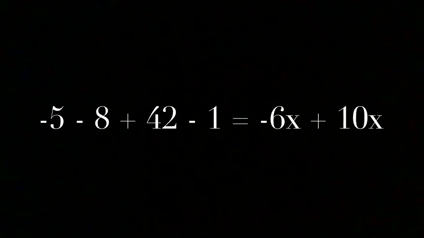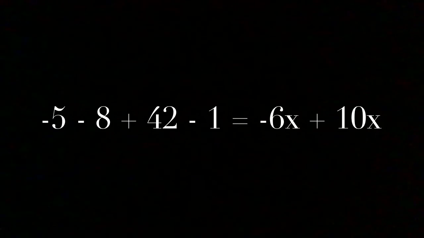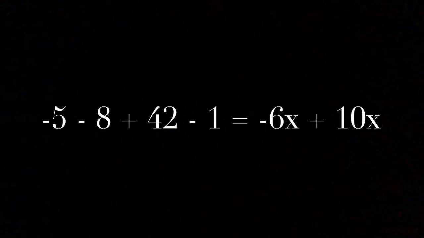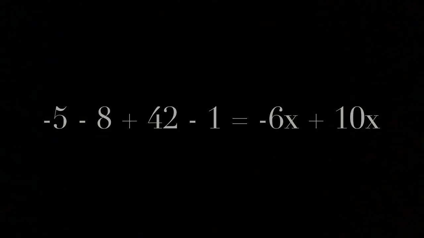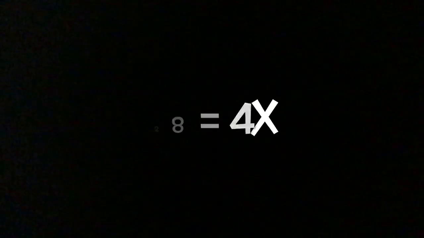So the equation we ended up with is negative 5 minus 8 plus 42 minus 1 equals negative 6x plus 10x. After that, we added and subtracted everything that needed to be done. And the equation we ended up with is 28 equals 4x.